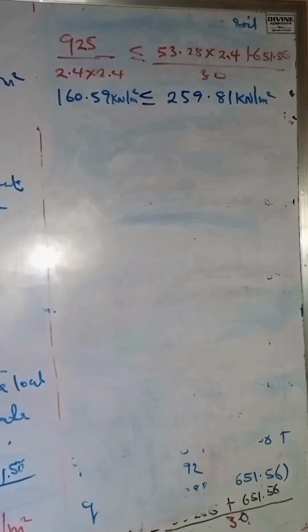So this is the first stage. So it means that our breadth of footing of 2.4 meter by 2.4 meter by 300 is satisfactorily okay for this design.